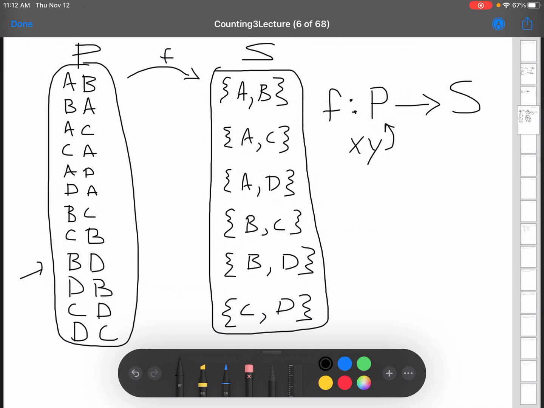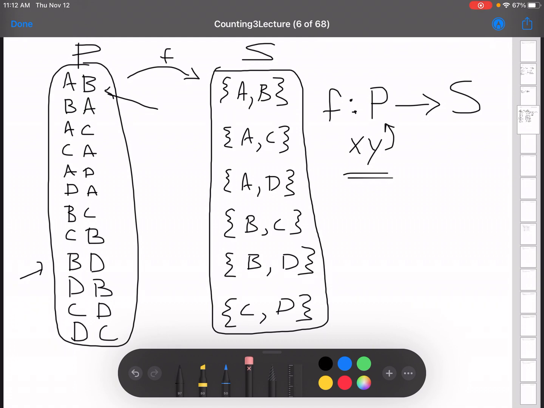X is one of these first things, so x could be A, and then y would be B, or x could be A, and then y would be C. So this xy is general, it encapsulates all of the things in P.